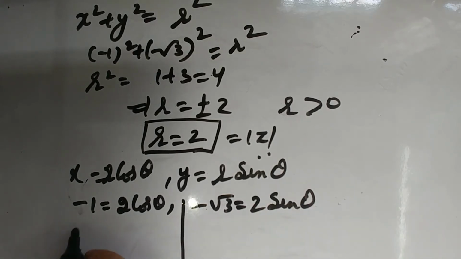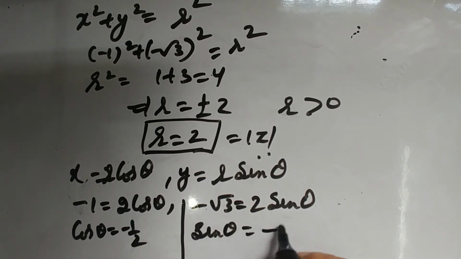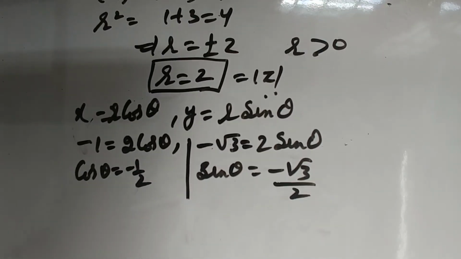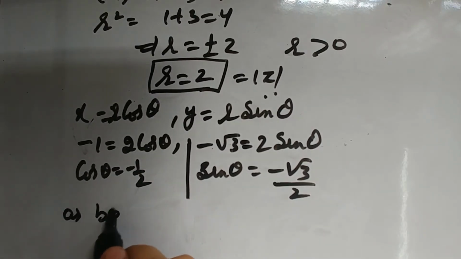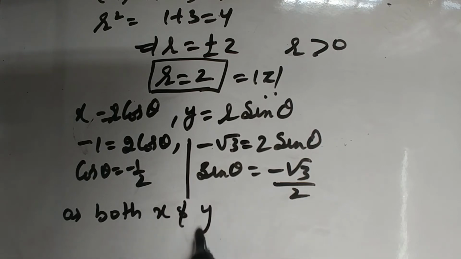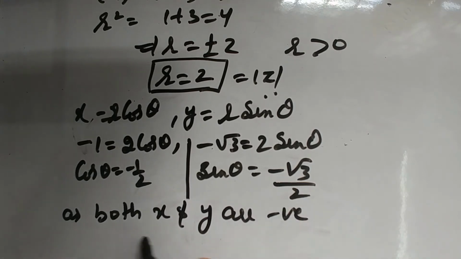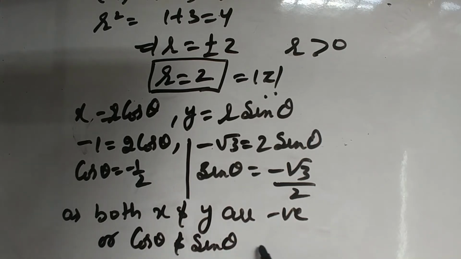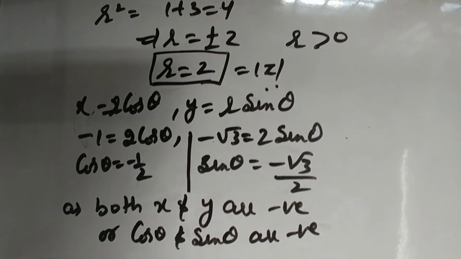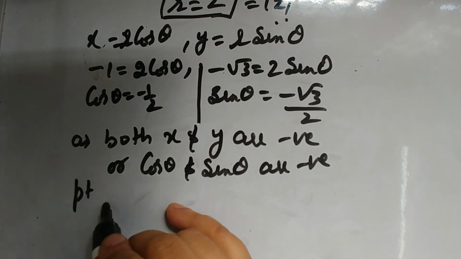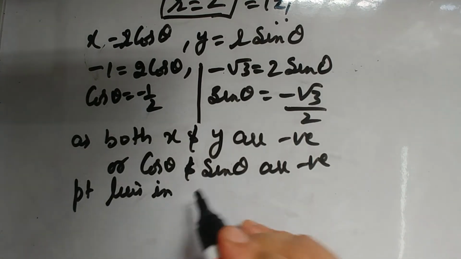So I'll get cos theta as minus half, sin theta as minus root 3 by 2. Okay, now as both x and y are negative, or you can say both cos theta and sin theta are negative, that means the point lies in the third quadrant.